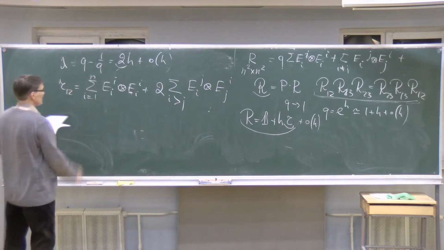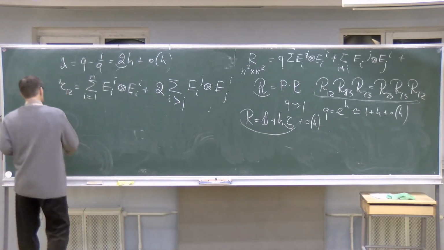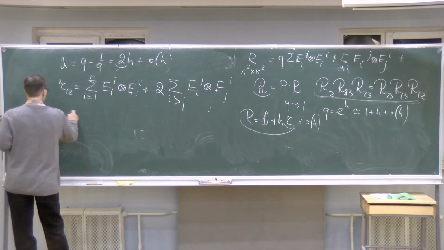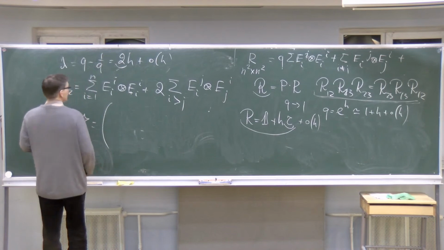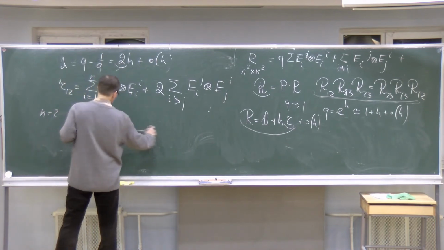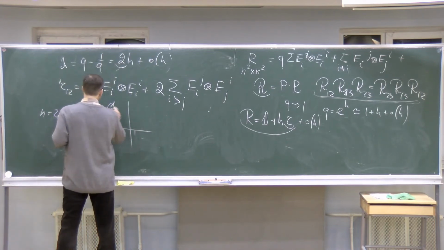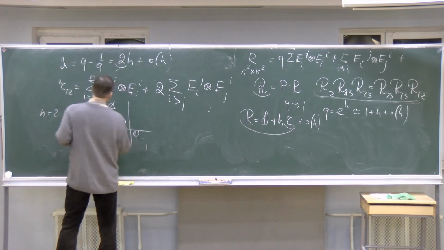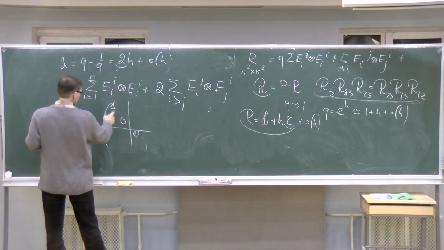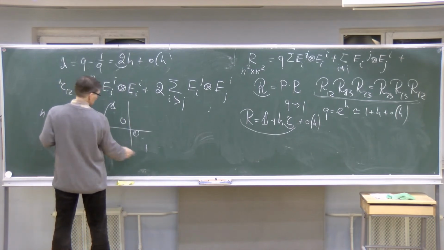This is a classical R matrix, and for n equal to 2, I have from here 1, 0, and 0, 1. This is when i is equal to 1, and this is when i is equal to 2.